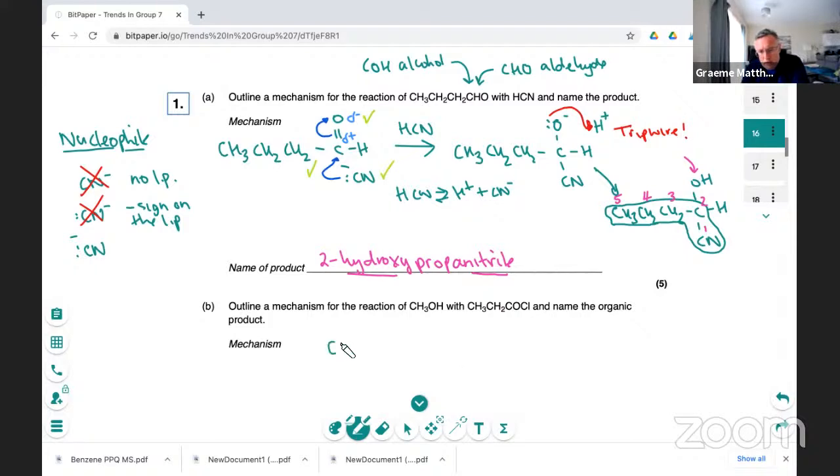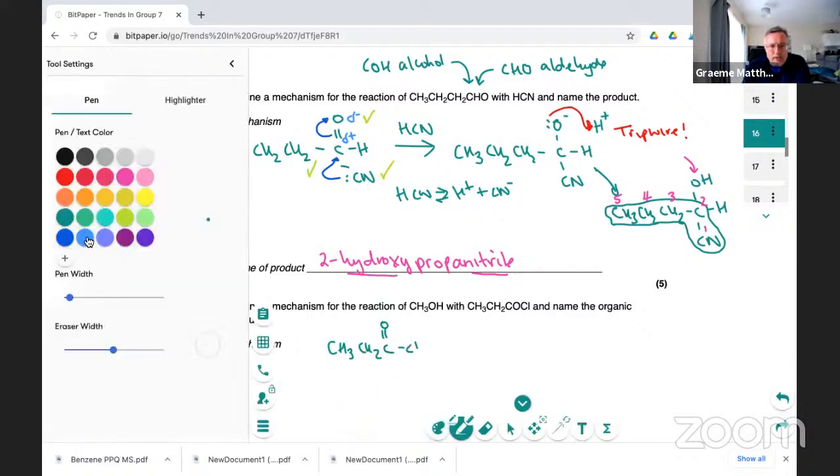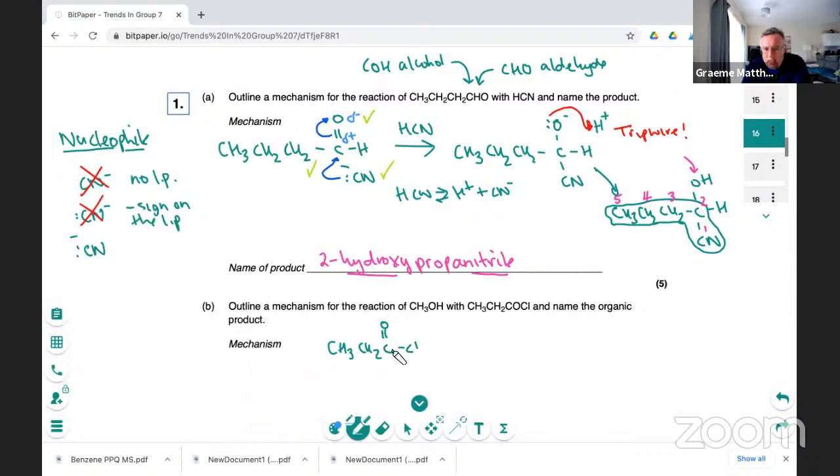Here is your mechanism like this: CH3, CH2, C double bond O, Cl. If I change pen colors to Air Force blue, to keep things color coordinated, then this is delta plus and this is delta minus. So, straight off the bat, the very first thing I'm doing is putting delta plus and delta minus in the carbonyl because I want that point.